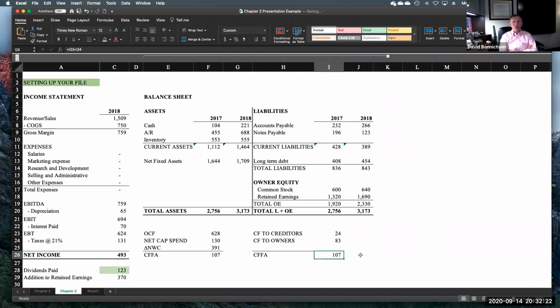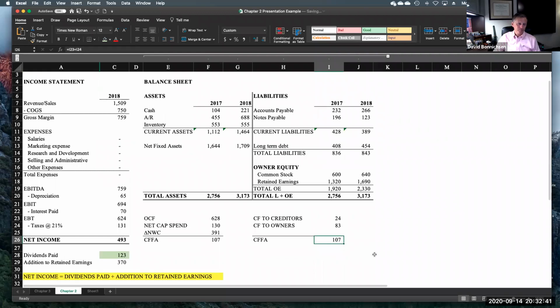So when you get into some of the homework assignments that relate to chapter 2, you're going to need to remember the cash flow identity, because there will be variables that you have to solve for that you're not given that relate to creditors. But if you know what the identity is, then you'll be able to solve for that variable once you get in there.